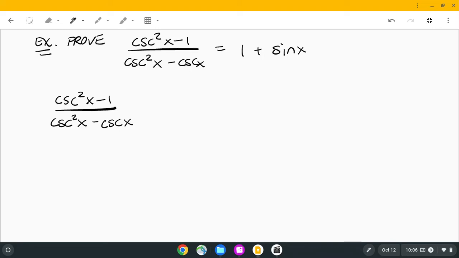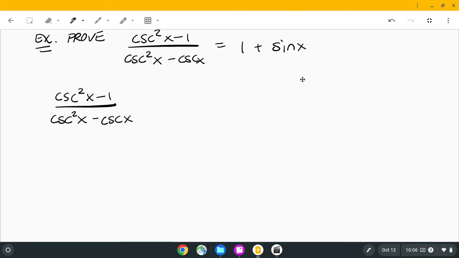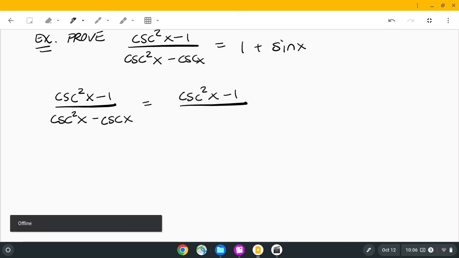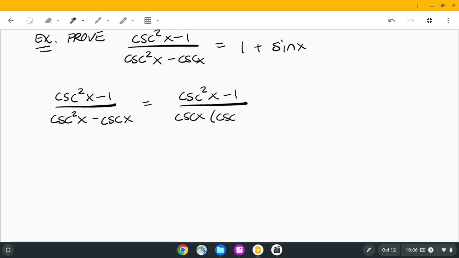All right, so let's see. We want to try to get to 1 plus sine x. So I'm going to start with factoring. I'm going to go ahead and factor out a cosecant over here. So I have cosecant squared x minus 1 over cosecant x times cosecant x minus 1.